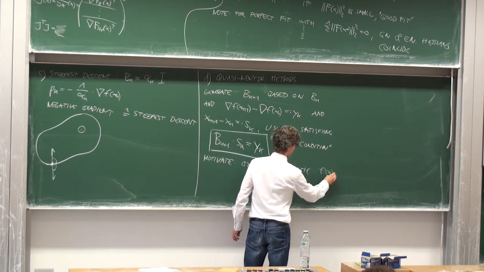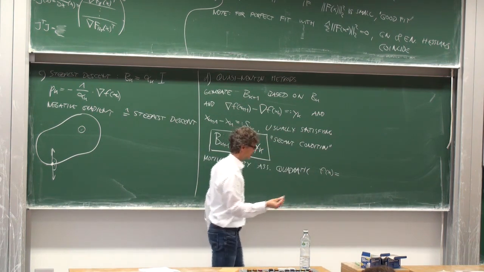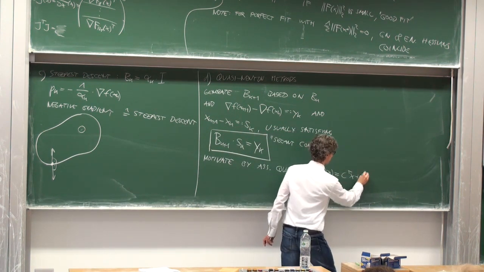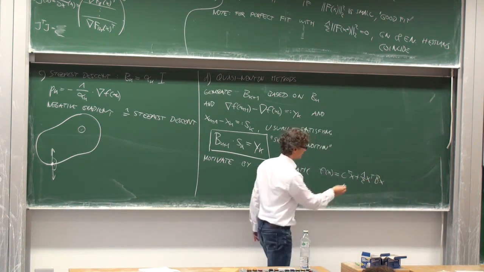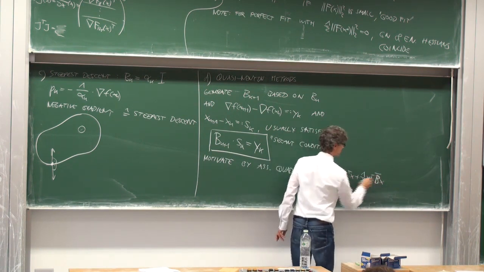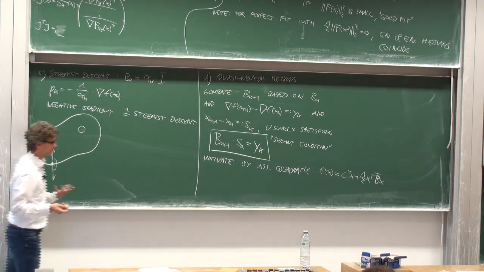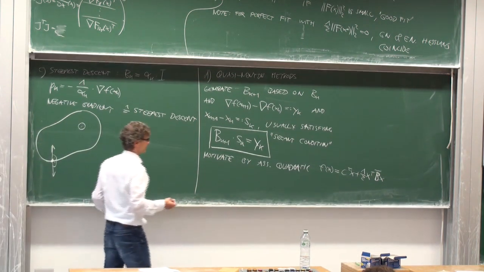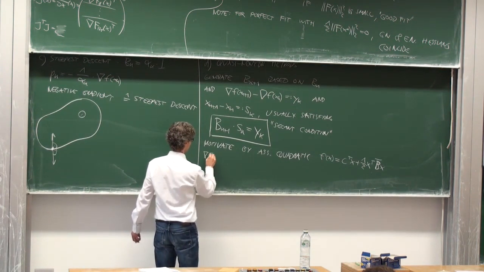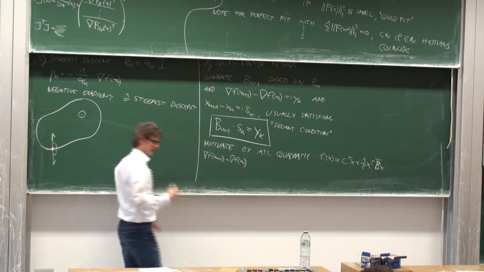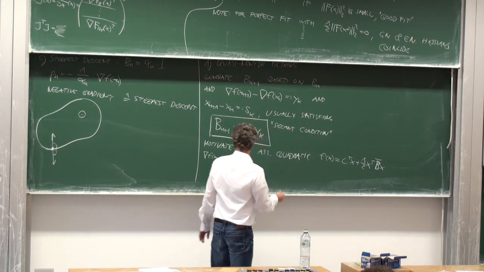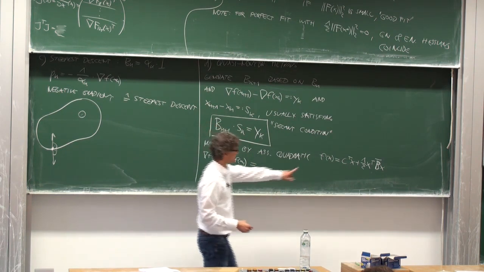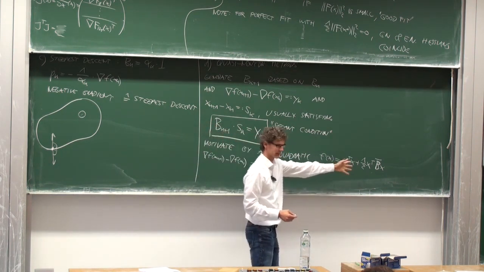quadratic f of x, which could be given by something like c transpose x plus 1/2 x transpose bx. And maybe I give it a bar because it's the true b, right? So that's something that you don't know, but that you would like to know. And now if you compute the difference of the gradients at two points for this quadratic model, the c terms actually vanish.